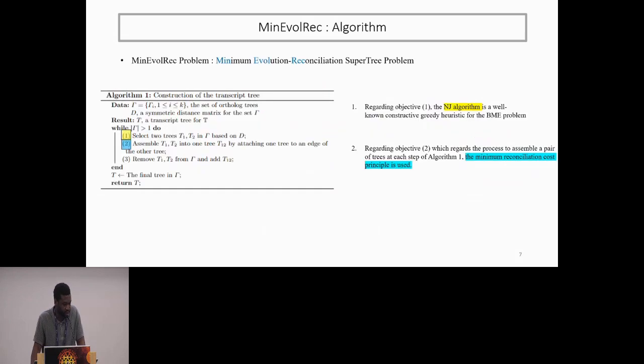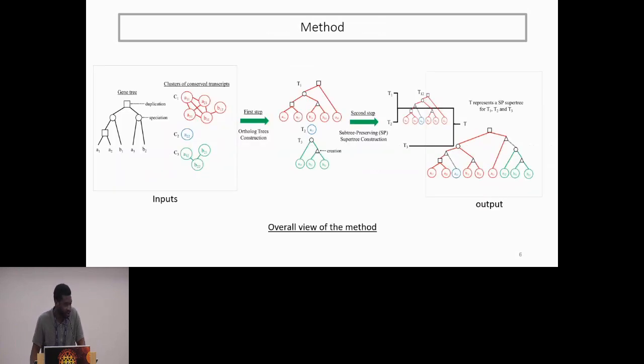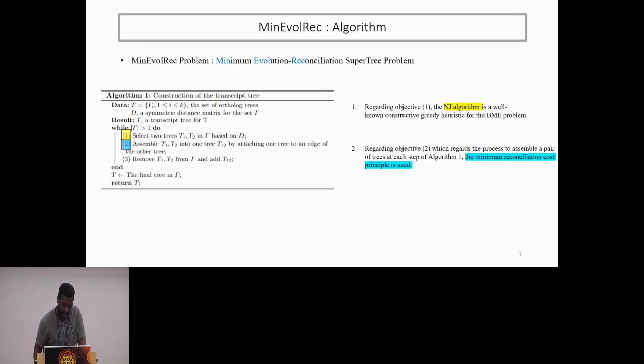Secondly, the super tree must preserve all the ortholog trees at the input. And thirdly, finally, we have a super tree that minimizes the LCA reconciliation cost with the gene tree at the input. So for that, we propose a heuristic called MinEvoRec, which stands for minimum evolution reconciliation super tree.